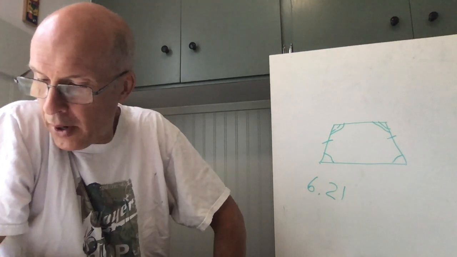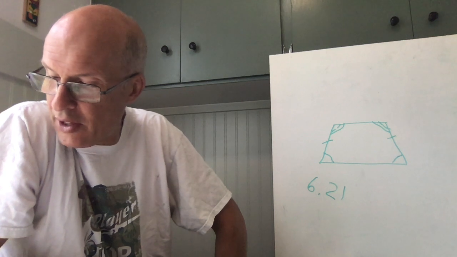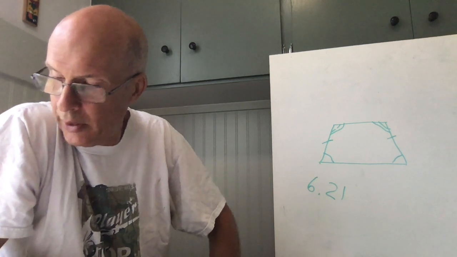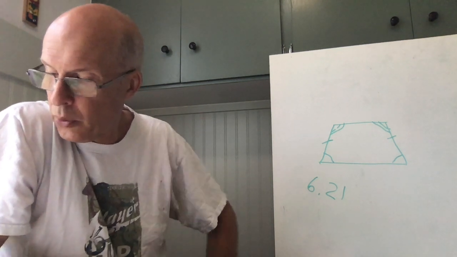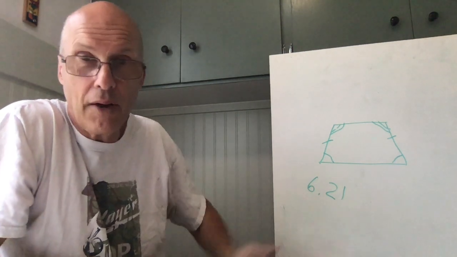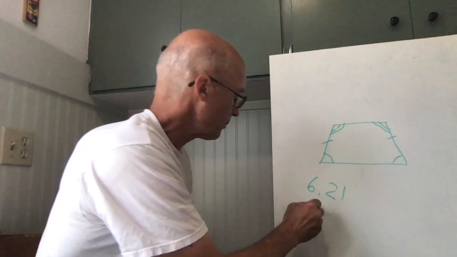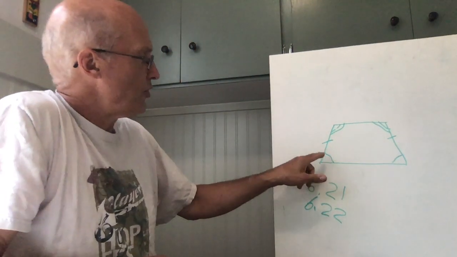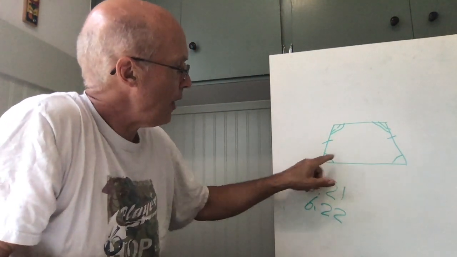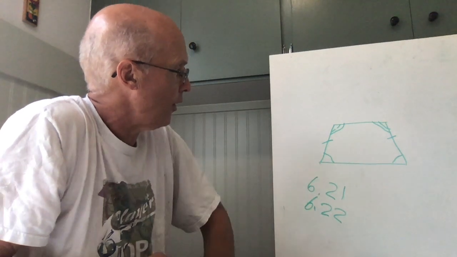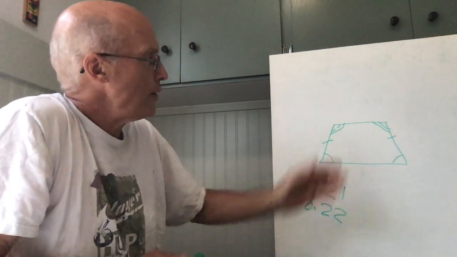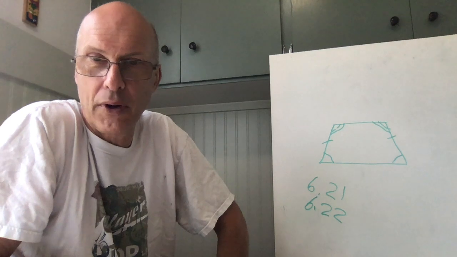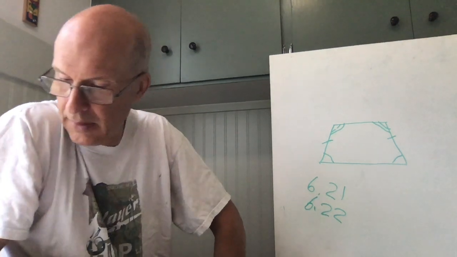So 621, if a trapezoid is isosceles, then each pair of base angles is congruent. 622 is the converse of that. If you start by knowing that a pair of angles is congruent on this quadrilateral, then you know it's an isosceles trapezoid. Okay?